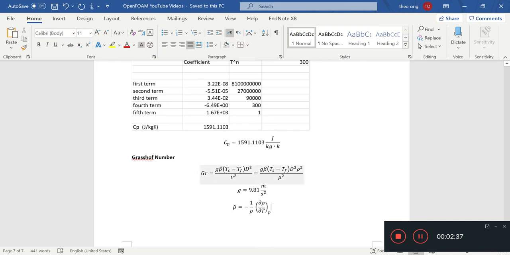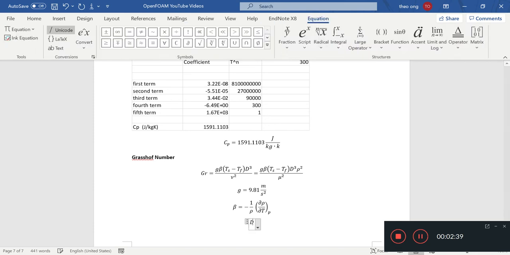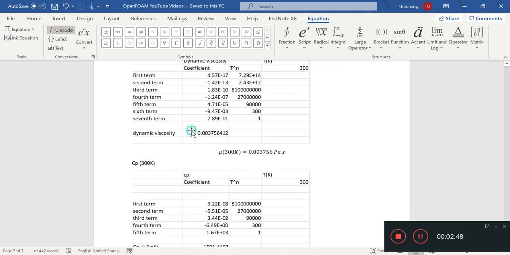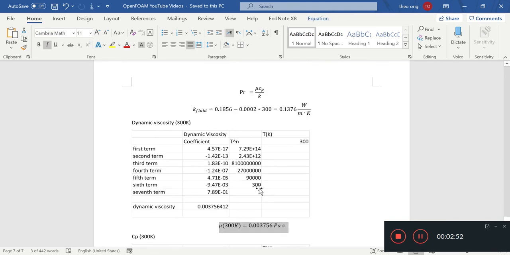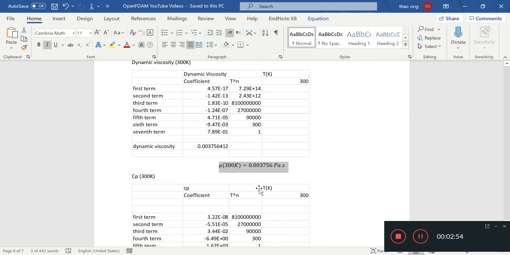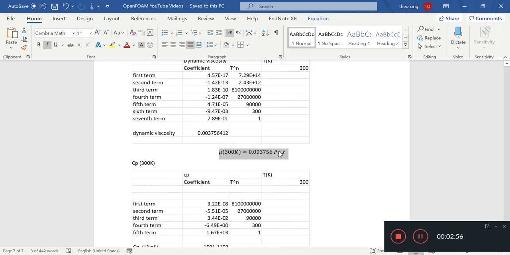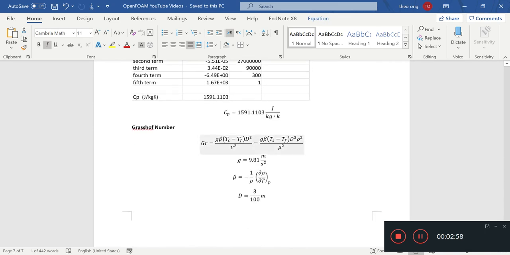And the next thing we need is our d value, which equals 3 over 100 meter, and of course rho, which we will need to calculate again. And mu we have talked about before. We have actually already done the dynamic viscosity over here. We just need a value for rho and beta.